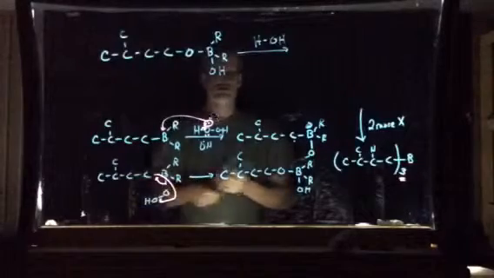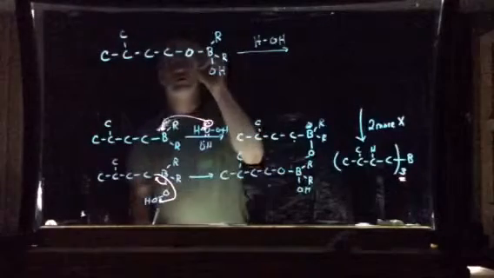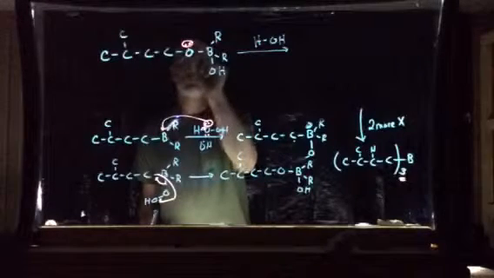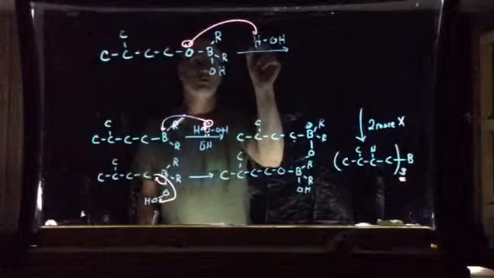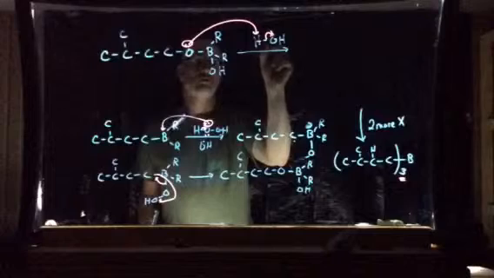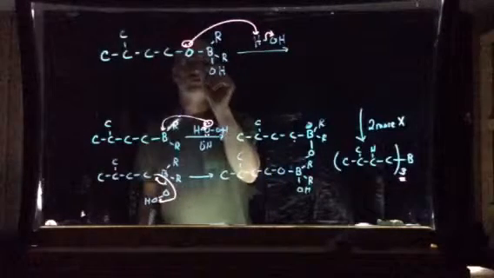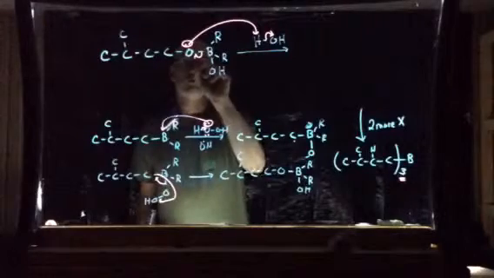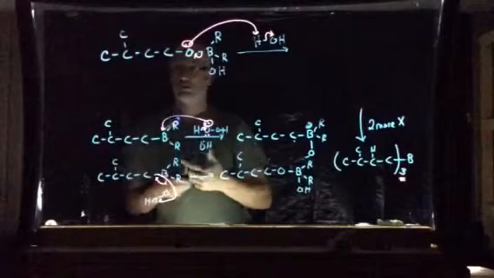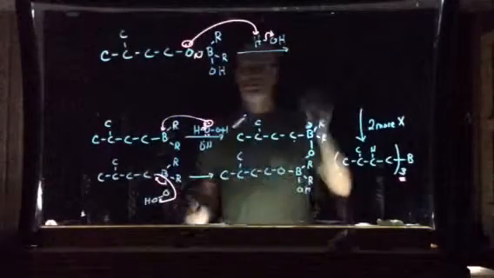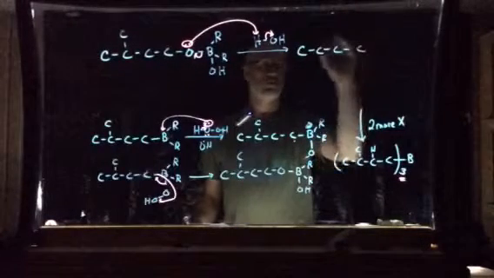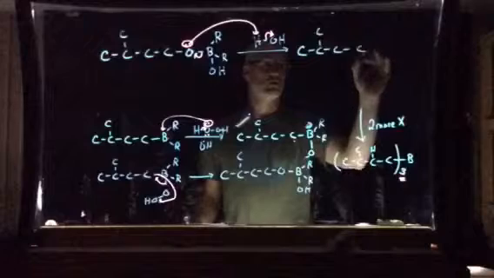Now our OH, we have our electron pairs. Take a proton, electrons go with the OH, and these electrons go with the oxygen, and we end up getting our anti-Markovnikov product.